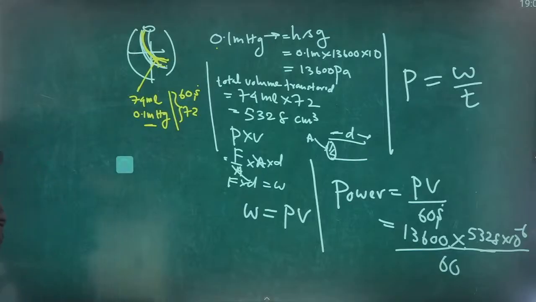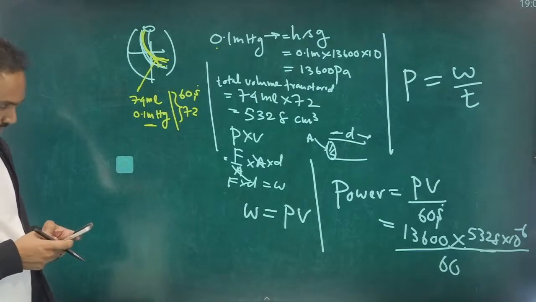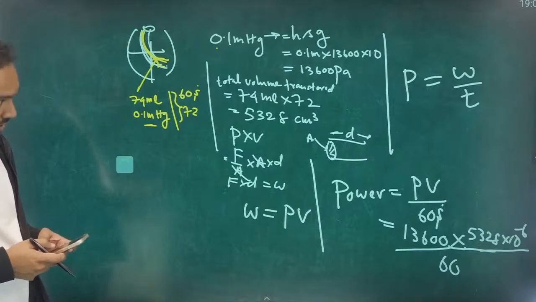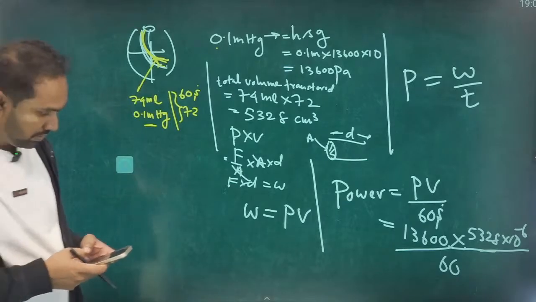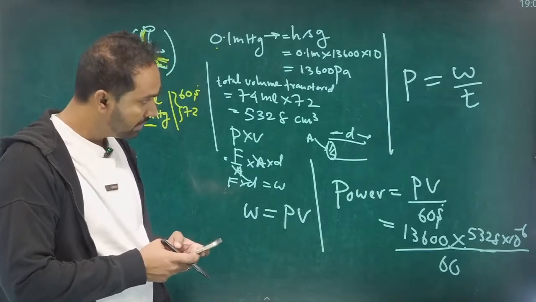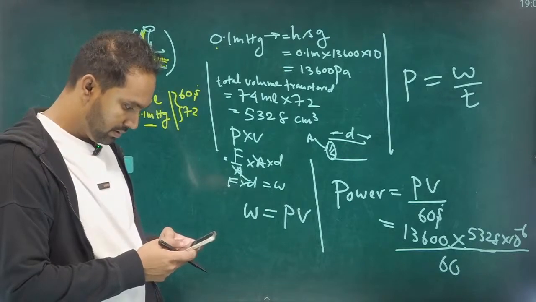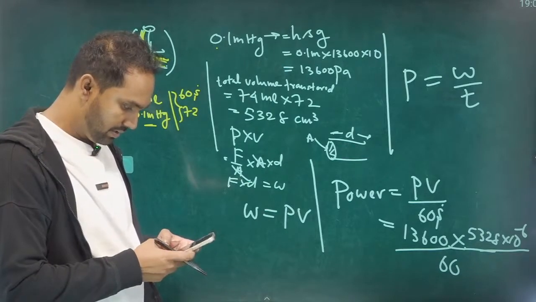So let's do it. Hope you understood it. 13,600 into 5,328 divided by 60.